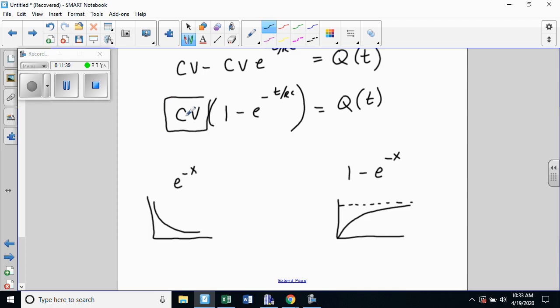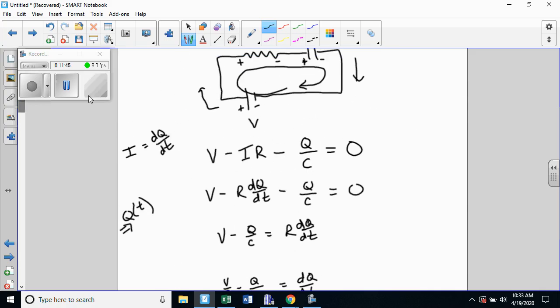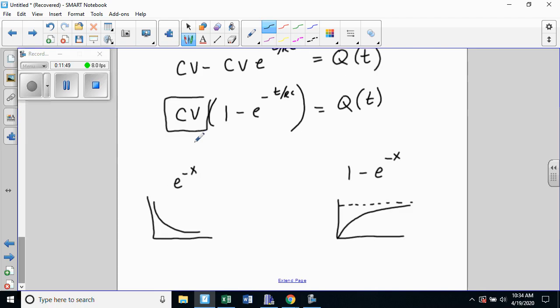But this is a constant. It is the capacitance times the voltage. And if you remember from our loop rule, that was the voltage of the battery. So when the capacitor is fully charged up, when the voltage is equal to the voltage of the battery, CV is just Q total.